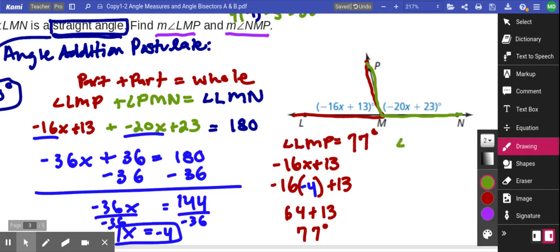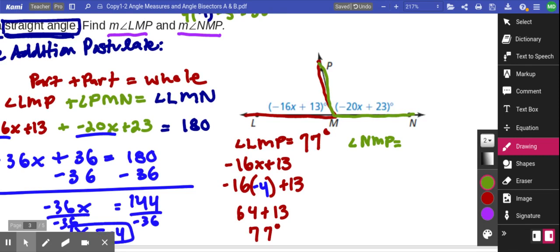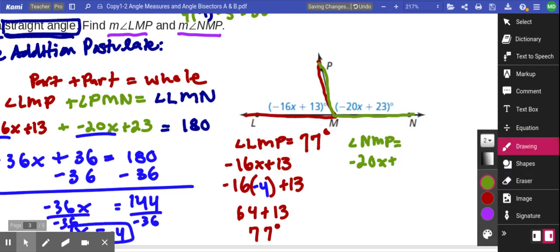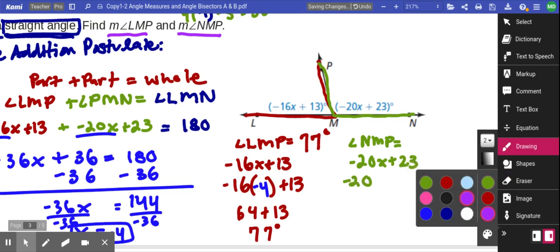For angle NMP, that was our negative 20x plus 23. Let's go ahead and replace x with our negative 4.